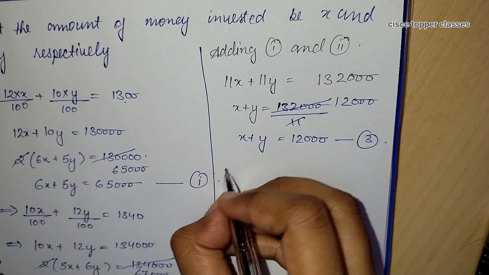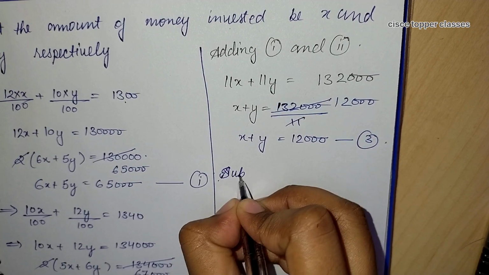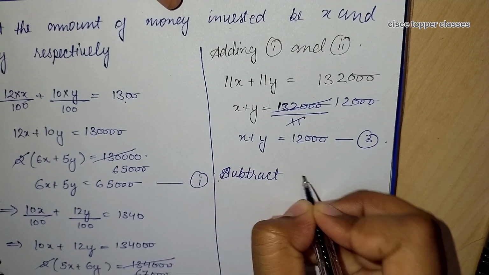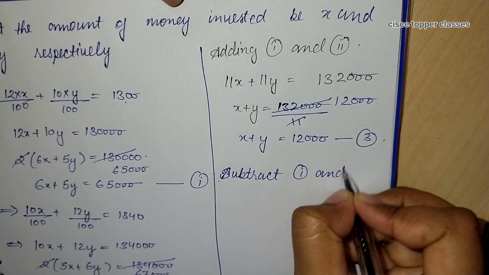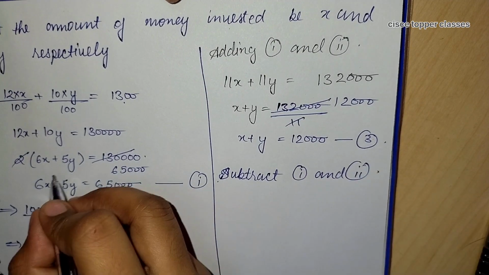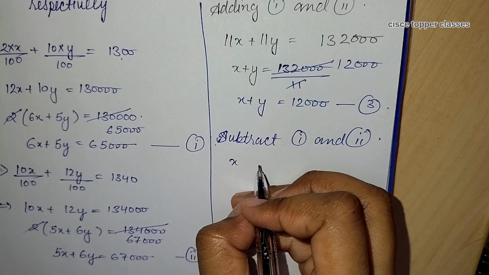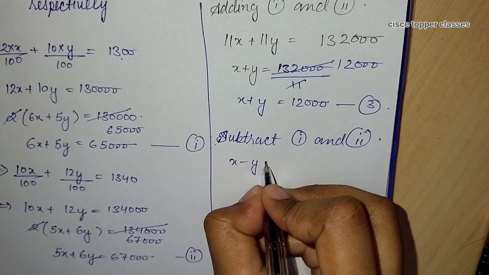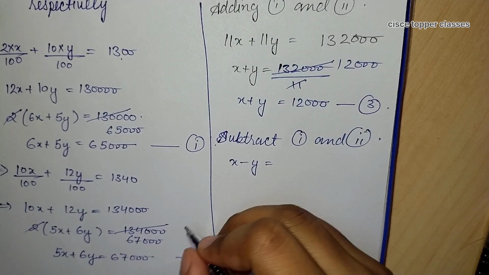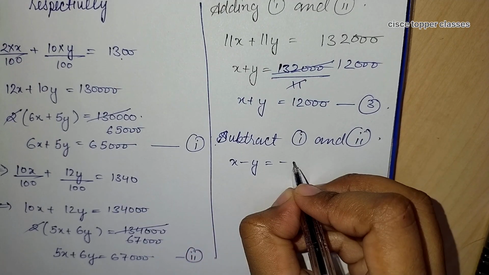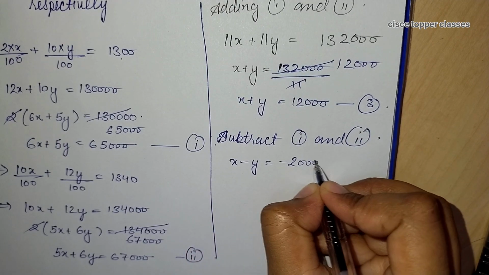Now we will subtract the first and second equation to find out the new equation. 6x minus 5x from here is x, plus 5y minus 6y is minus y, equal to 65,000 minus 67,000. So this will be minus 2,000.